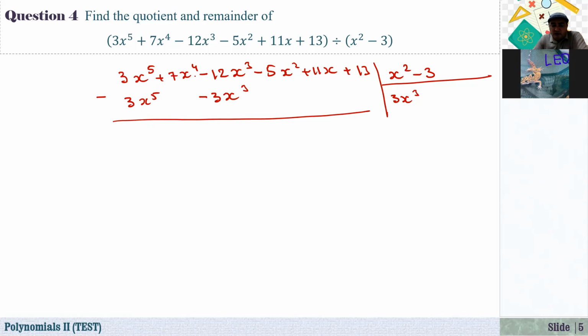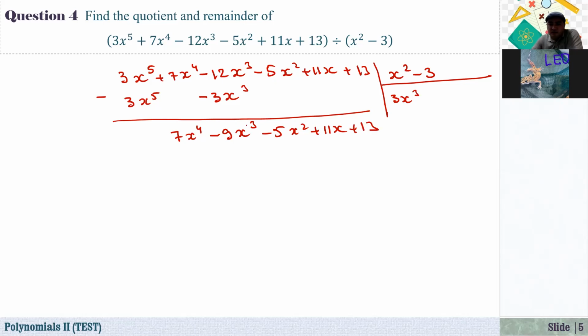And 7x to the power of 4, we don't have anything here. So here we have 7x to the power of 4, minus 12 minus 9, it is minus 21x cubed. And here we have minus 5x squared plus 11x plus 30.